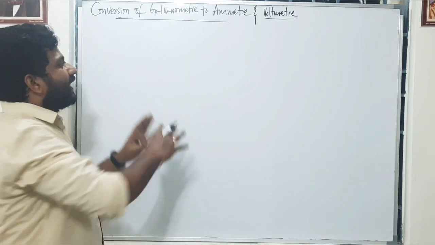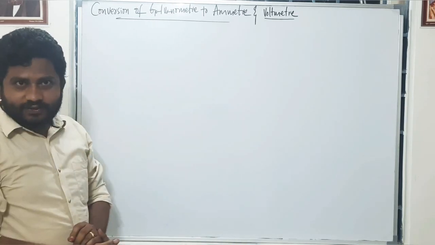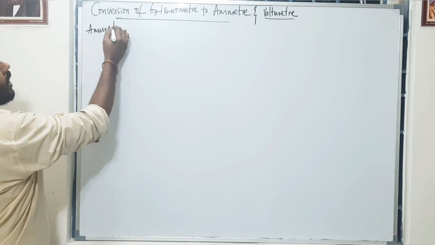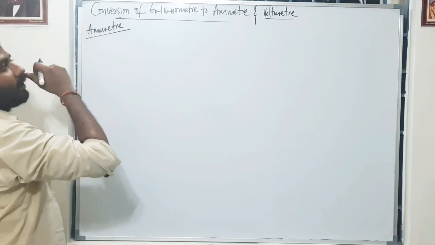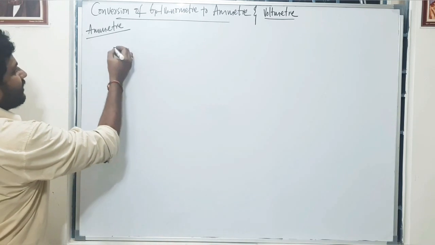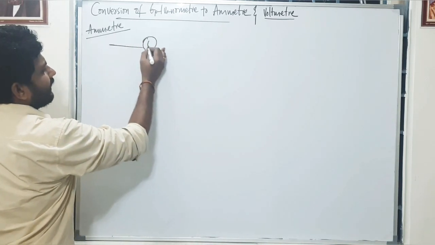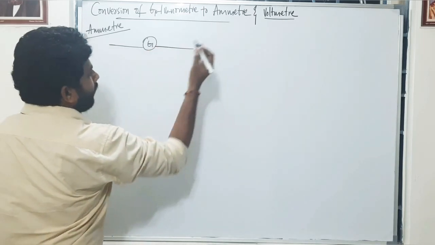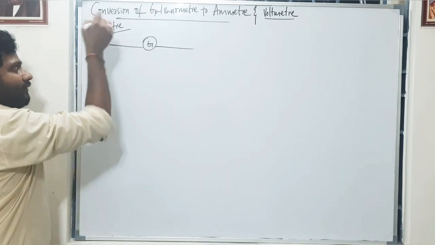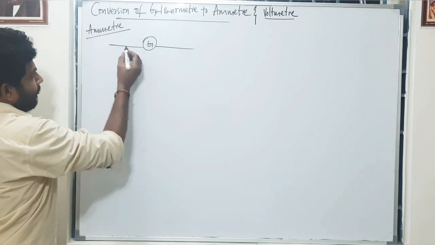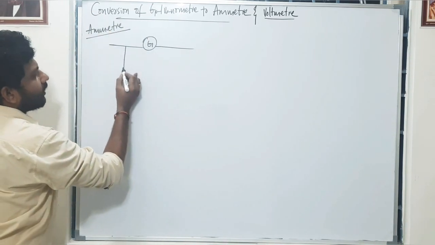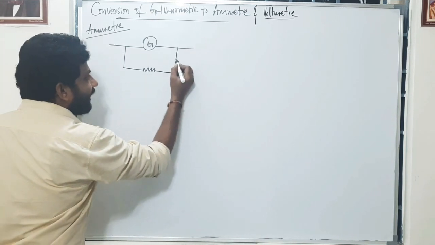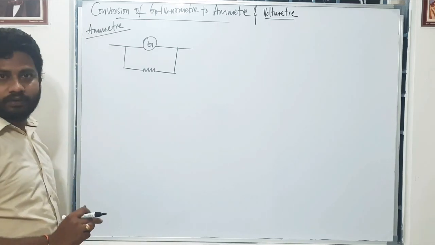I'd like to show you both the conversions on a single board. So first let's concentrate on the ammeter. How will we convert this galvanometer into an ammeter? I am drawing a galvanometer whose resistance is capital G. To convert this galvanometer into an ammeter, we need to connect a small resistance in parallel to this galvanometer.